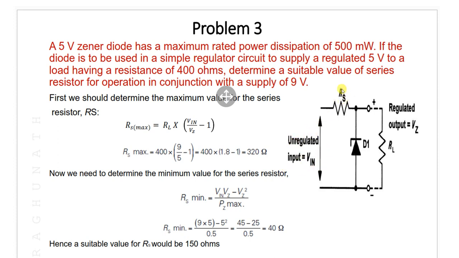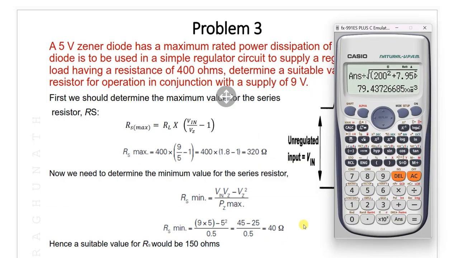So you have to find the minimum value of RS and the maximum value of RS. You can refer to the notes. The formula for RS max is (Vin divided by VZ minus 1) into RL. Input voltage is 9 volts, VZ is 5 volts, minus 1, and then you multiply with RL. Calculator usage is very important. First, don't multiply 400 yet, do that later.